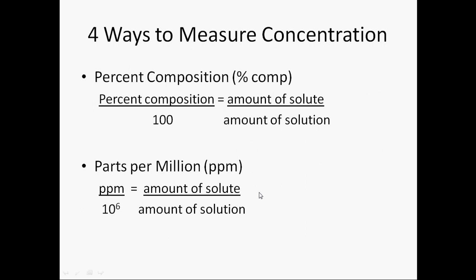So in other words, if I were to take a container of salt water and grab out 1,000,000 molecules at random, how many of them would be salt as opposed to water? Okay, so to calculate that, we've got this equation. The parts per million over 1,000,000, or 10 to the 6th, is equal to the amount of the solute dissolved divided by the amount of total solution.